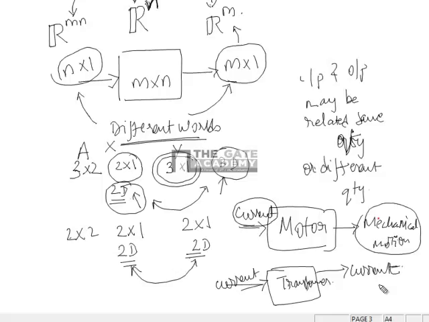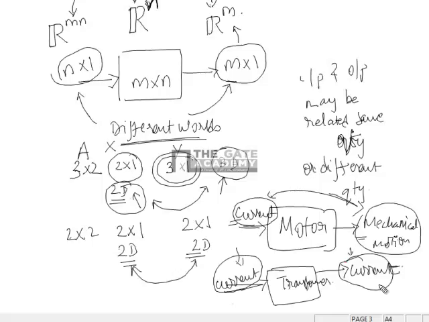They are in different worlds. They are not in the same world. This is in the world of electricity. This is in the world of mechanical. Here I give current. This is also current. Both are in the same domain. This is also in the electrical domain. This is also in the electrical domain. Correct? Yes or no? So the input may be related to the same quantity or different quantity.